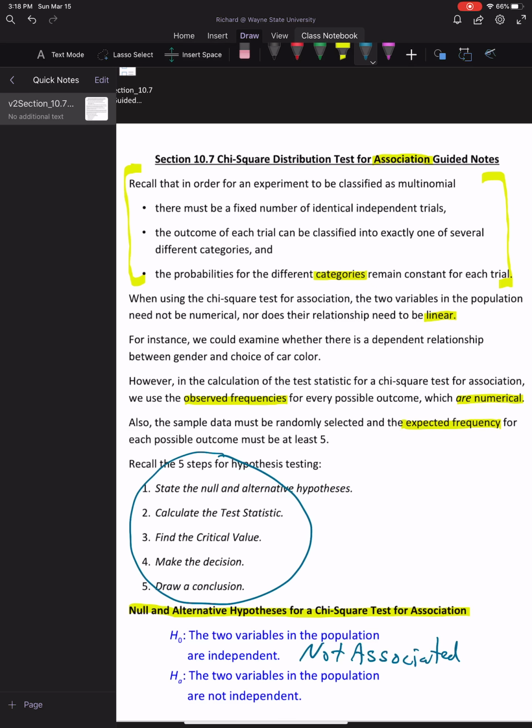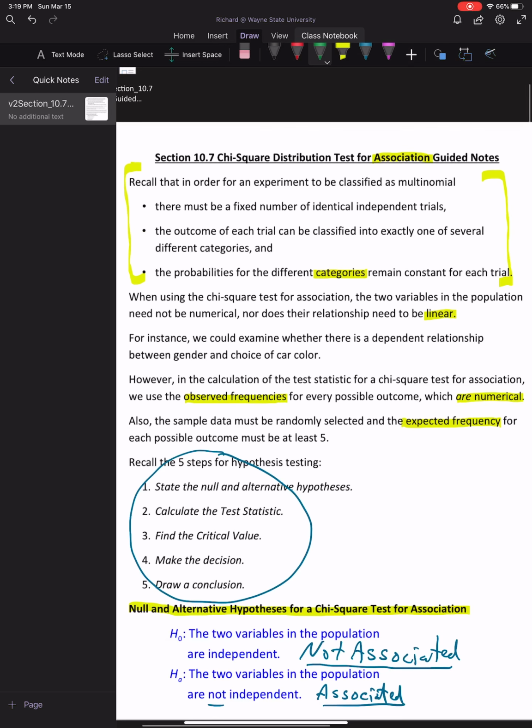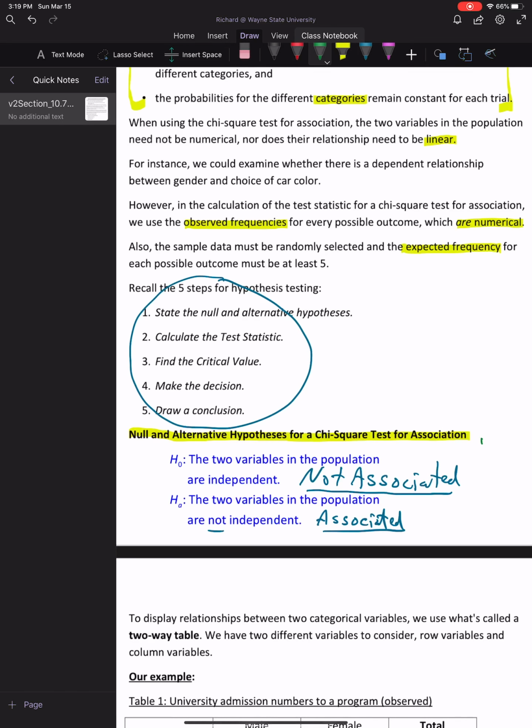And if we're saying that they're not independent, it hints that they possibly are associated in some way. So you might see the word association or associated used instead of independent or not independent in some textbooks. But again, this is the only form that the hypotheses take.